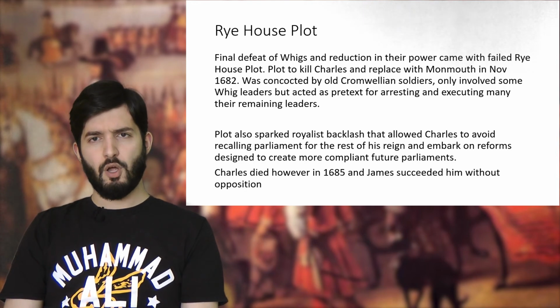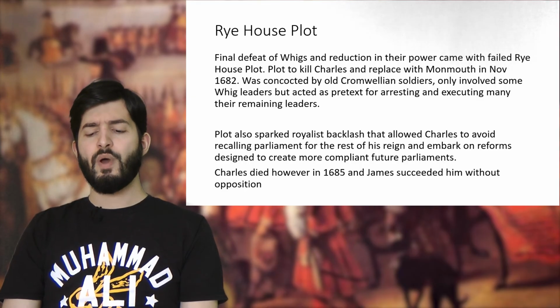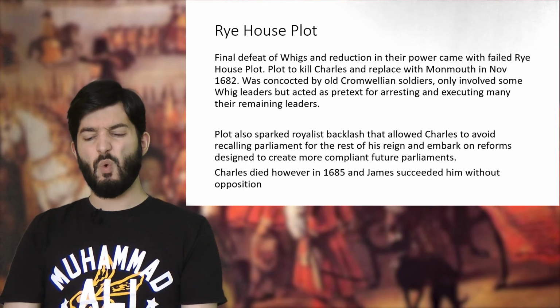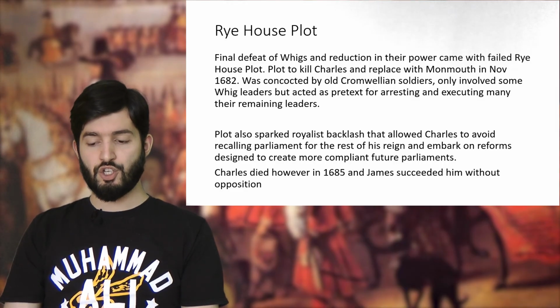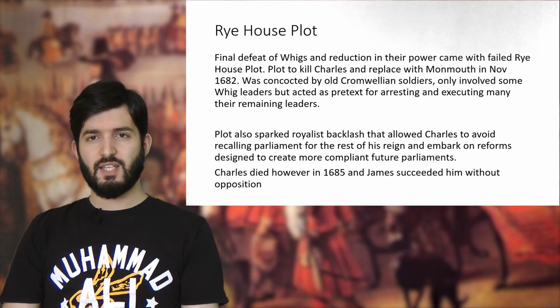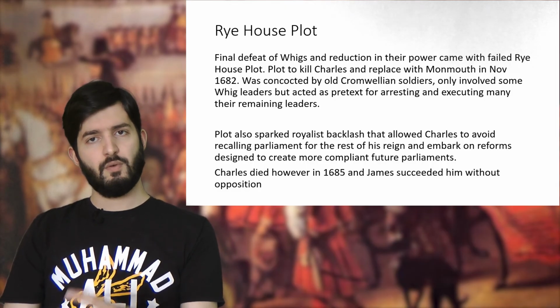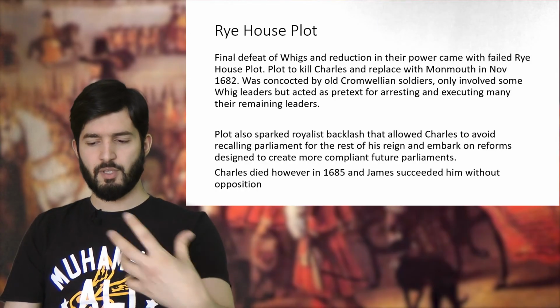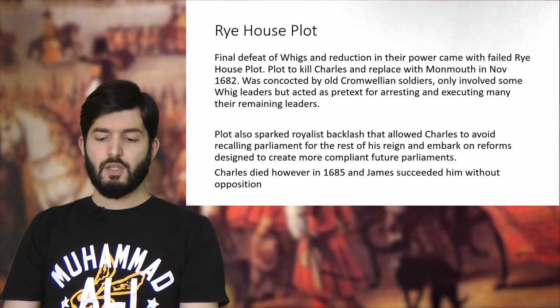So the Rye House Plot takes place a year later in November 1682, when a series of quite desperate old Cromwellian soldiers, concerned by the current situation, as a last-ditch attempt, put together a plot to murder Charles himself and replace him with the Duke of Monmouth. That's James's illegitimate son. And so the plot fails.